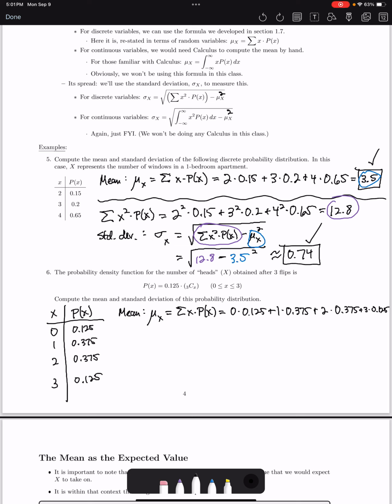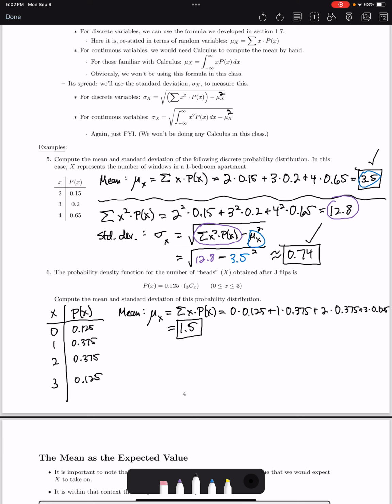And then you punch that into your calculator, which comes out to 1.5. So there's our mean. That makes sense, right? If you flip the coin 3 times, doesn't it make sense that on average you would expect to flip heads 1.5 times, you know, if you repeated the experiment over and over?